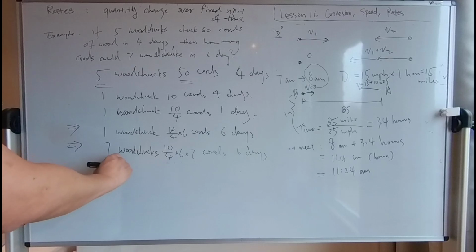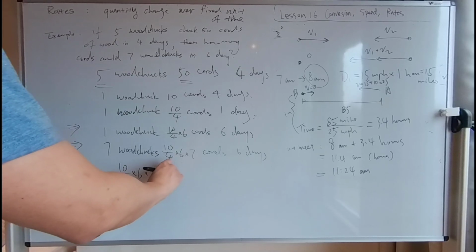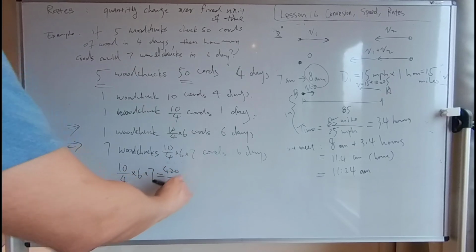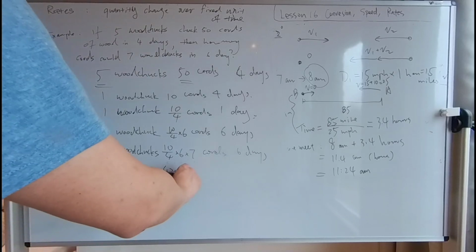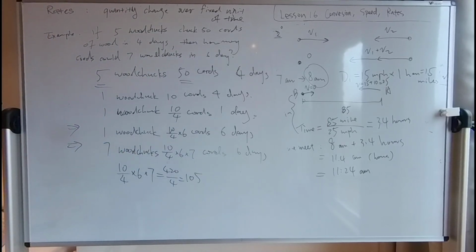Right, so the number of cords of wood is then just 10 over 4 times 6 times 7, so it's 105. So that's the number of cords that can be chunked by 7 wood chunkers in 6 days.